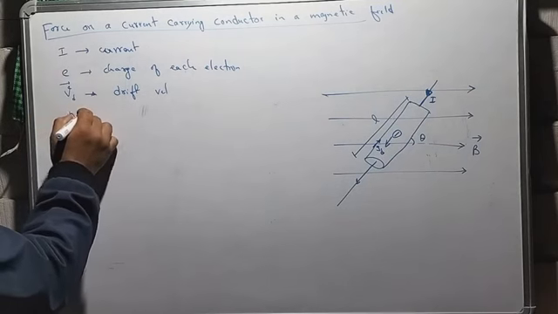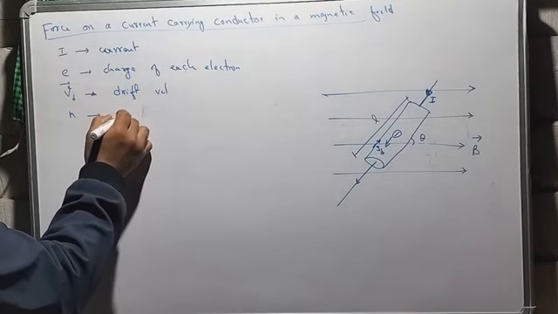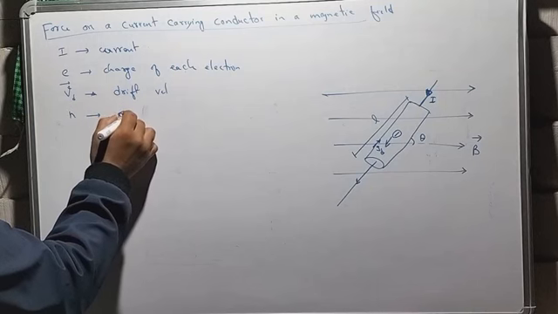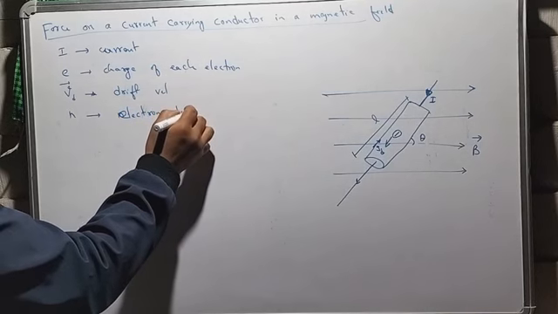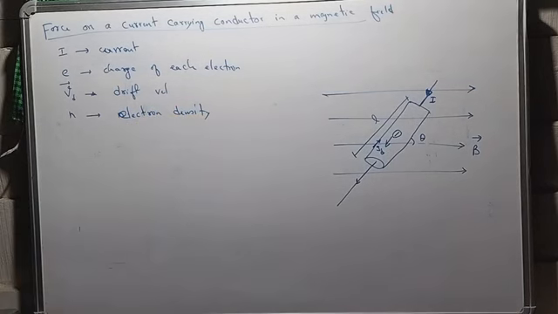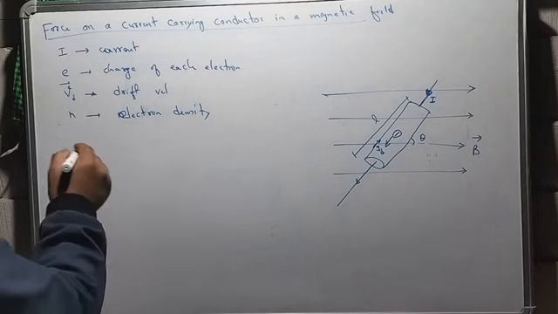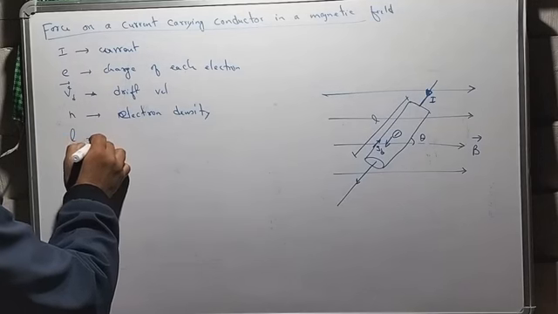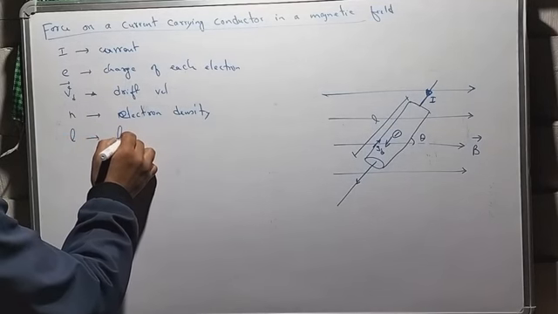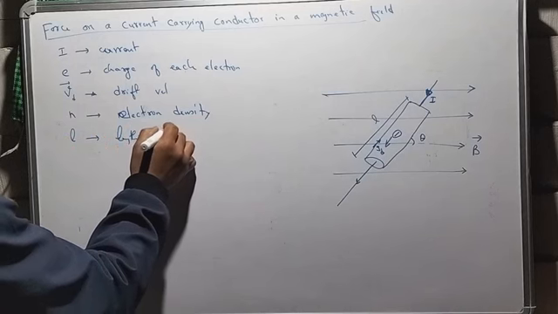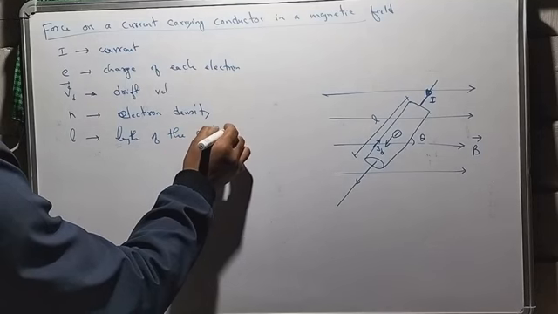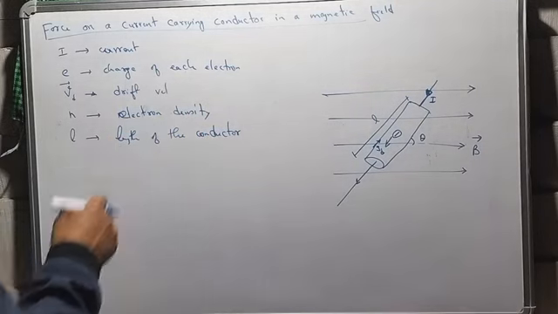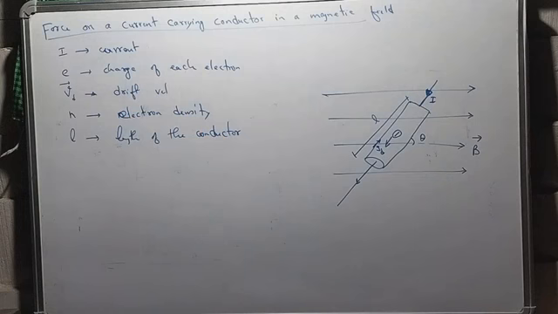Let small n be the electron density, which means the number of electrons per unit volume of the given conductor. L is the length of the conductor.